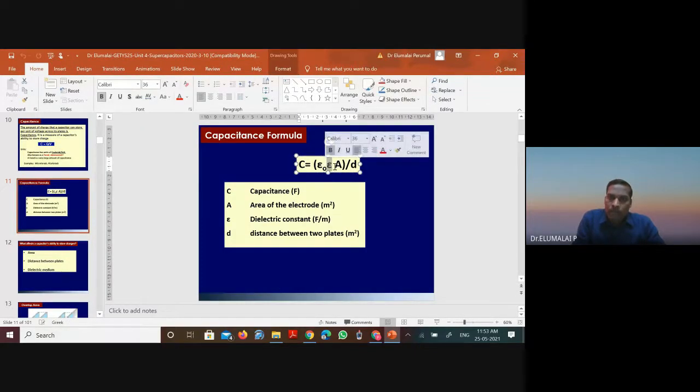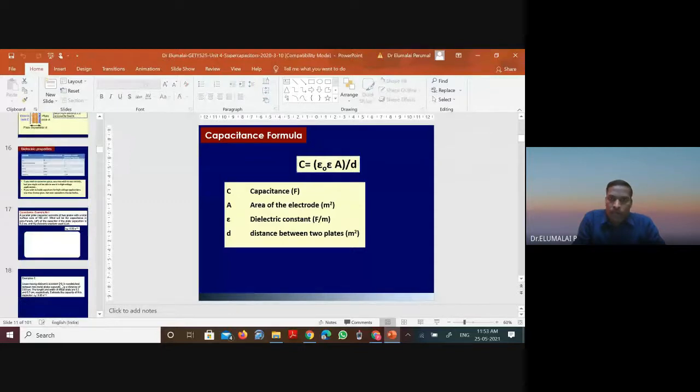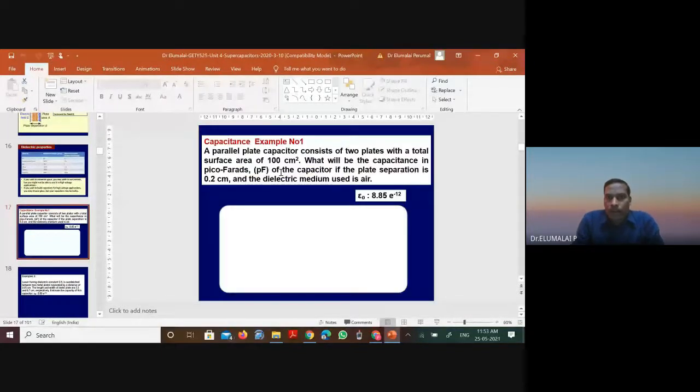So it is only epsilon 0 A by D. A is 100 centimeter square, and the distance is 0.2 centimeter. Both are in the same units. Epsilon is 8.85 into 10 power minus 12. How much can it be? Some number, please.